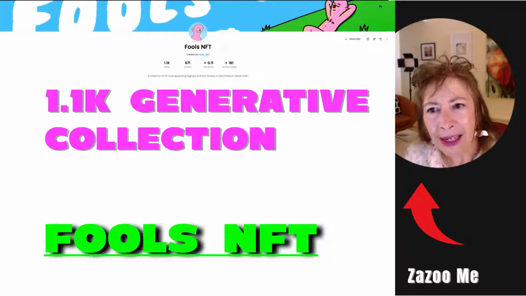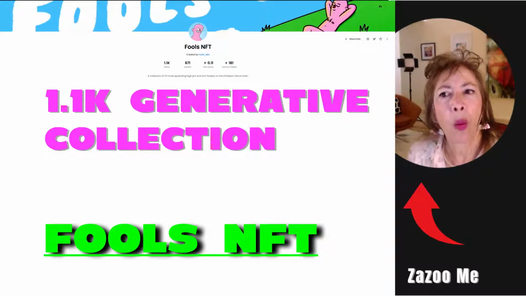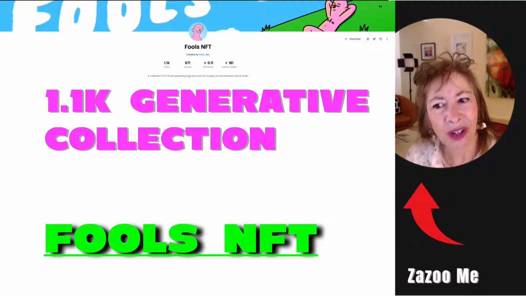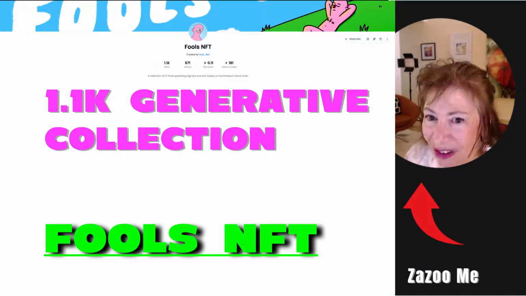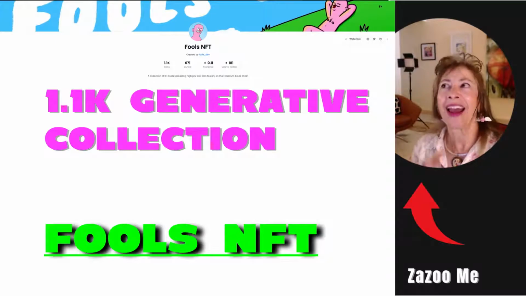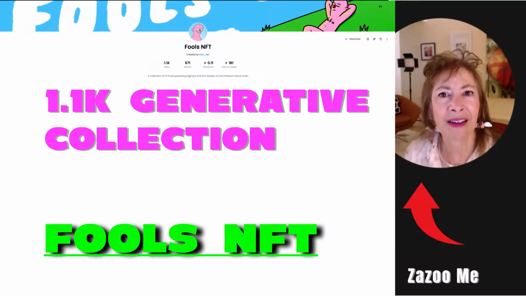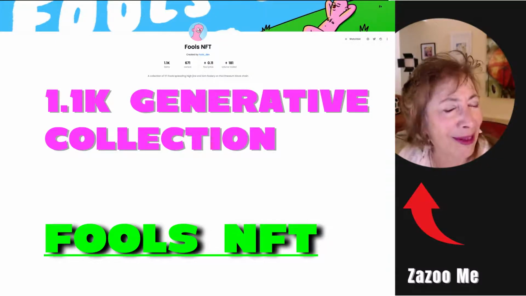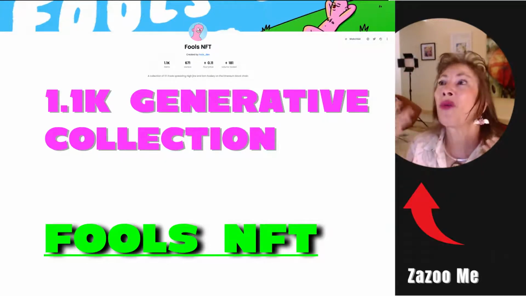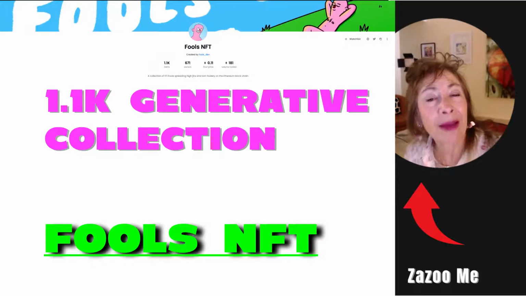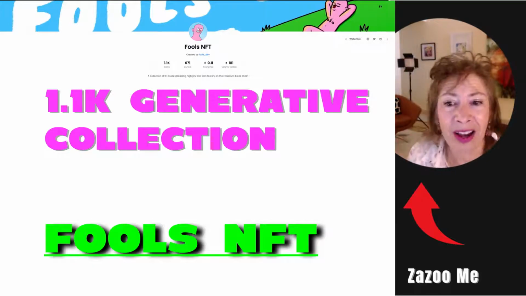And then next would be, what does this collection actually look like? It's a 1,100 generative collection. They have 1,100 NFTs in this collection, probably using those 100 NFTs for giveaways, for promotions, for giving to their team, whatever, but smart to have extra ones.